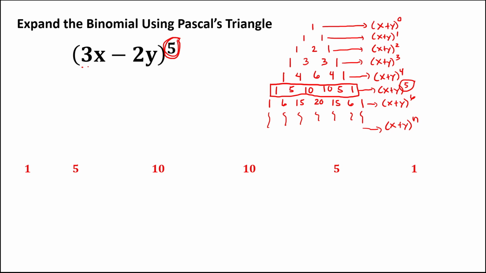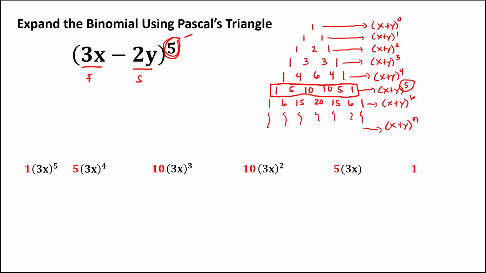Then for the first term, the exponent is decreasing. So starts with exponent 5, so this is 3x to the power 5. Since decreasing for the first term, so 3x to the power 4, 3x to the power 3, 3x to the power 2, and 3x to the power 1. Then for the second term, the exponent is increasing.